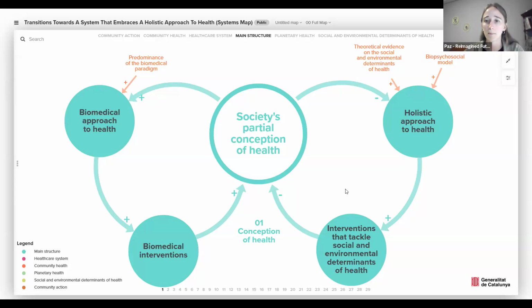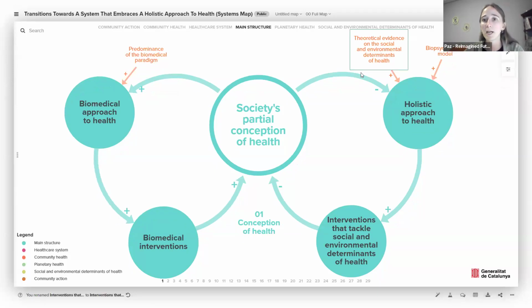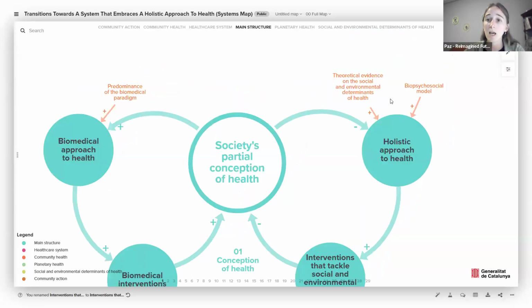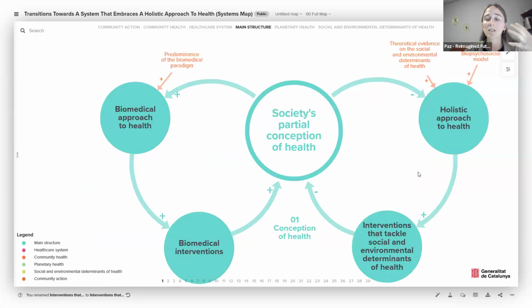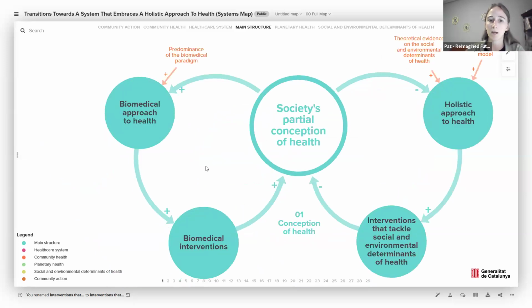This is our main dynamic. And this happens in spite of these two external drivers that we see here, that is the emerging evidence of the social and environmental determinants of health and their benefits, and the biopsychosocial model. Although these are very important, the system is still governed by a biomedical approach.